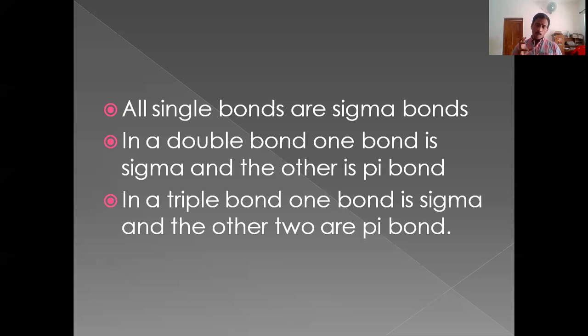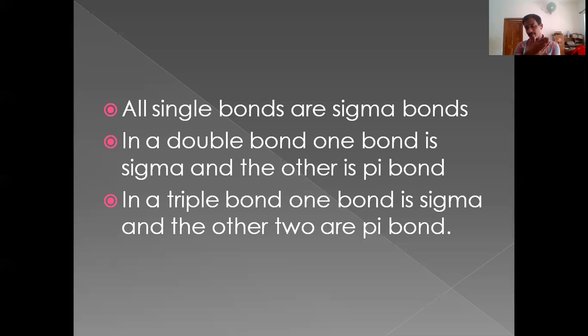According to the Aufbau principle, the electrons will enter orbitals of lower energy first. That will fill first. Then only will electron filling take place in the higher orbitals. So when you compare 2s and 2p, 2s is the lower energy state.